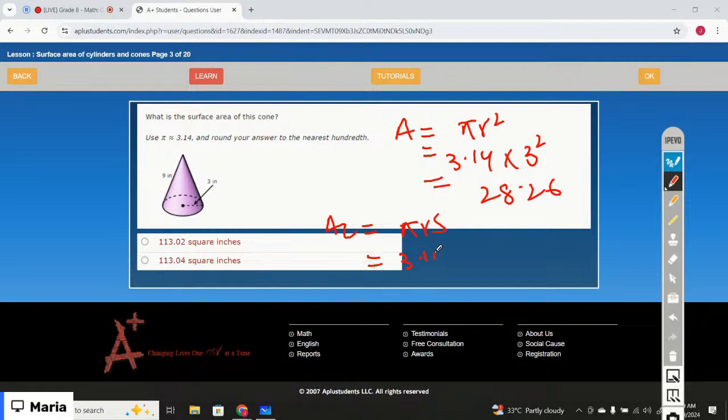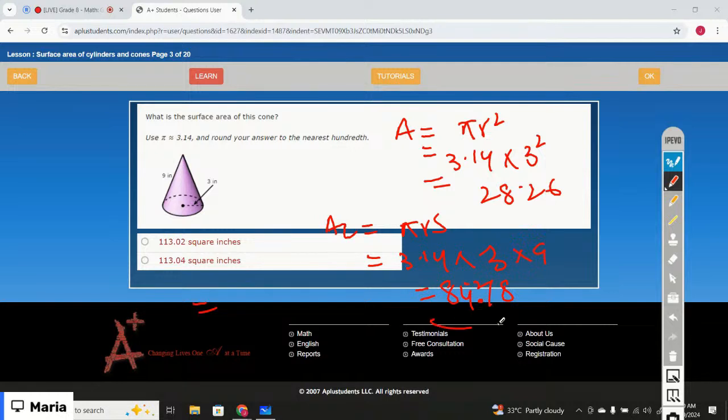Pi is 3.14, r is 3, and s is 9. So 9 times 3 is 27, and 27 times 3.14 is 84.78. So for the area of the cone, you just have to add both the areas, that is 84.78 plus 28.26. So the correct option is 113.04. Option number 2 is the correct option, right?